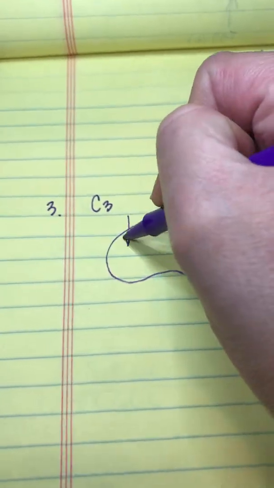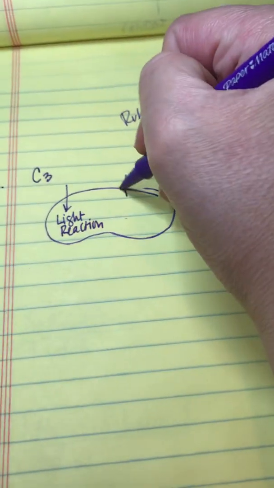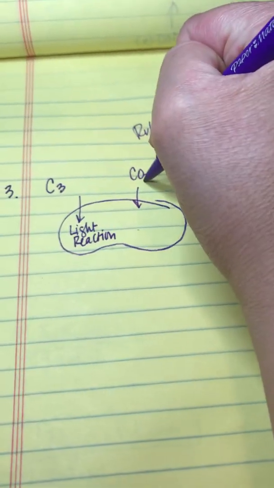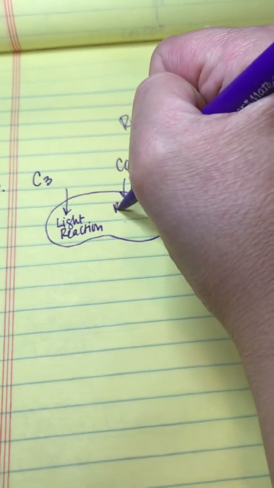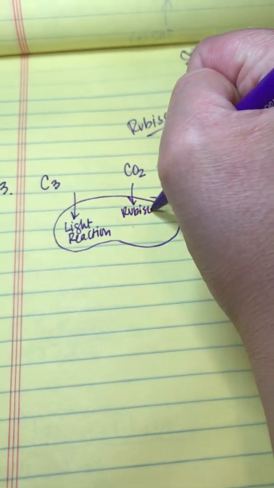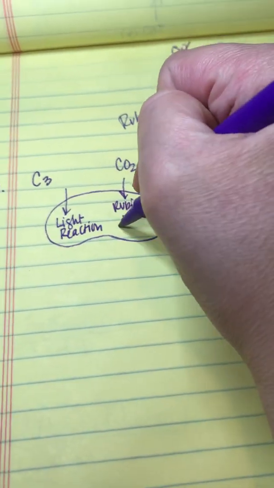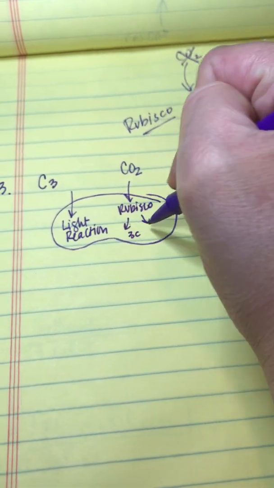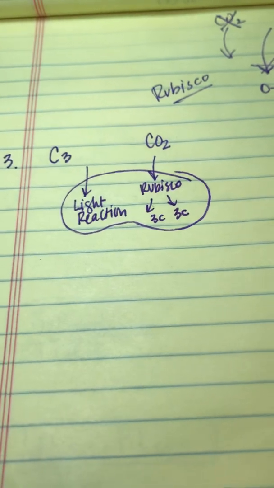Here's our chloroplast. They're still going to be doing the light reaction. That hasn't changed. And they're still taking, for the most part, in CO2, and Rubisco is adding it, and then it's splitting it into 2 3-carbon molecules, just like what we talked about yesterday with the Calvin cycle.